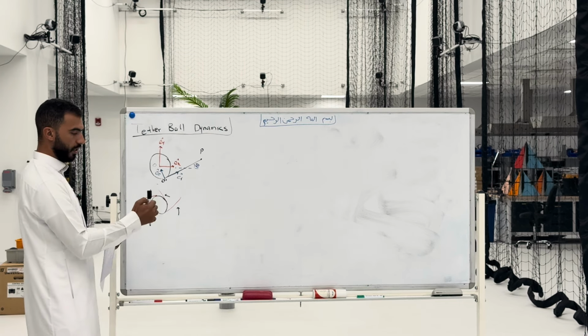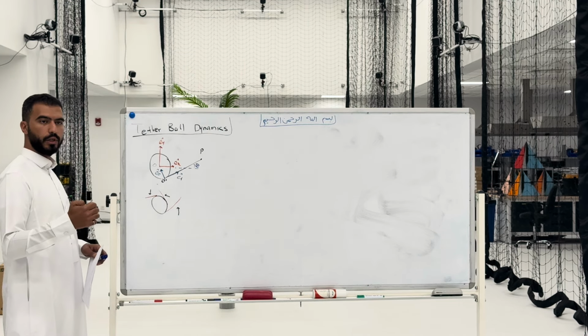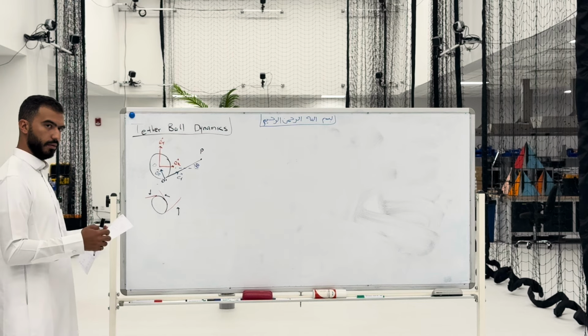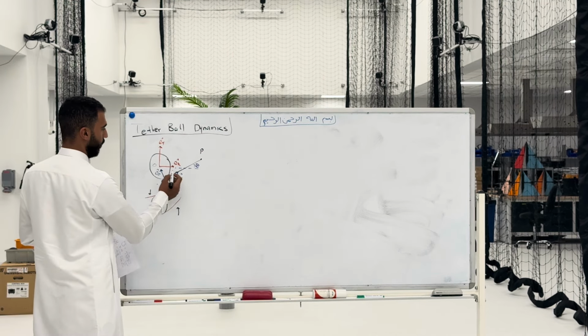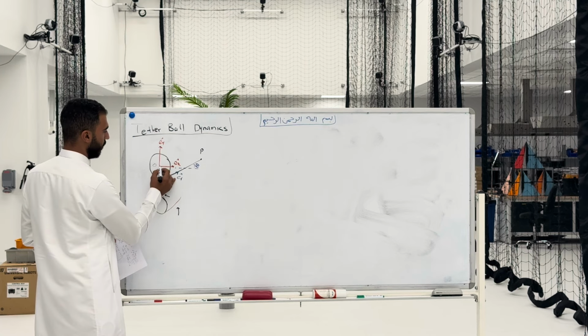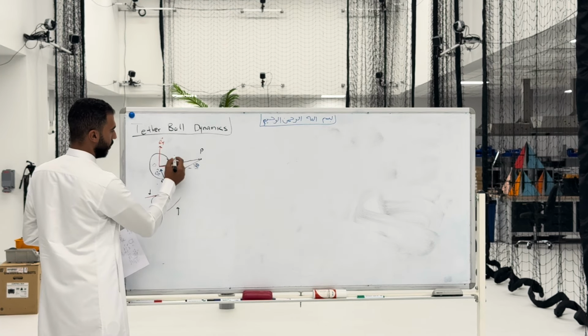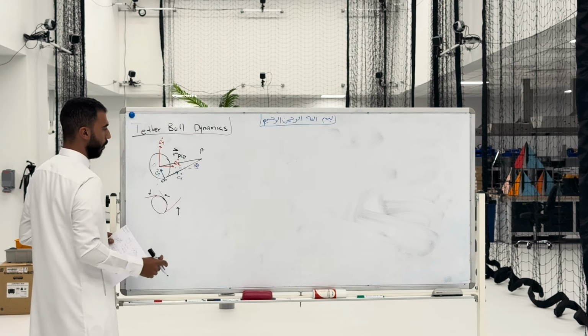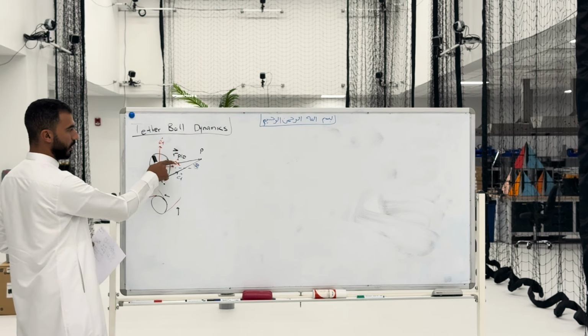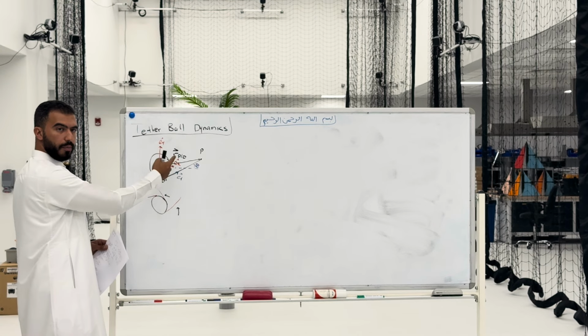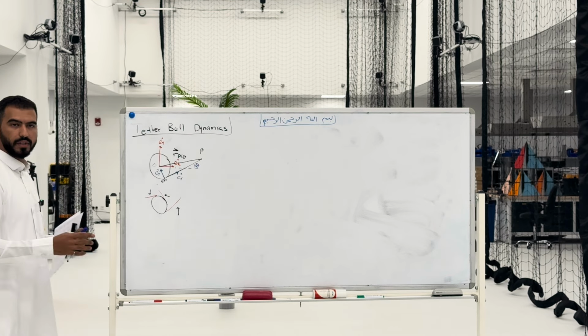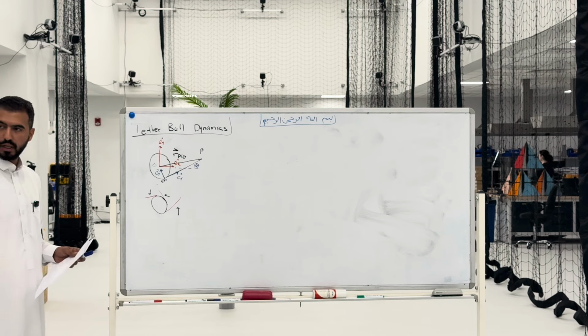It's connected to the outside surface of the rod. We need a position vector to characterize the mass. So this is r, starting from O and ending at P. When we take the derivative of r_PO, it will give us the velocity and the acceleration, and then we can use Newton's second law.